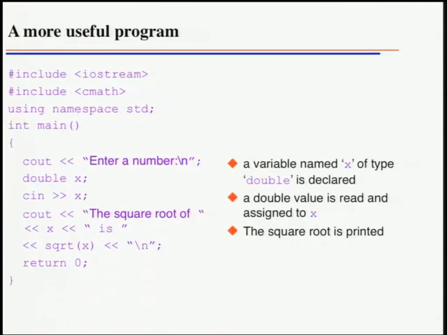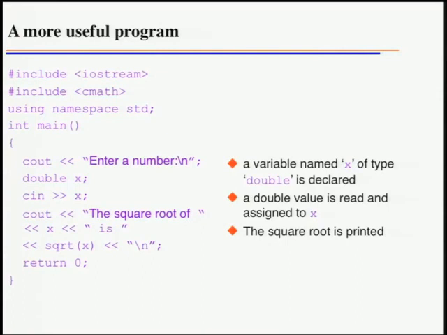So let's do something slightly more useful and ask the user what he actually wants to calculate. That part up here you already know. We include the I/O streams and the mathematical headers. We want to use everything from the namespace standard. Now we write to the output stream that the user should enter a number. Here we declare a variable x, which should have the type double, so double precision floating point.